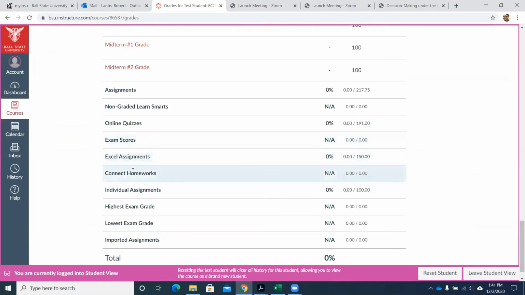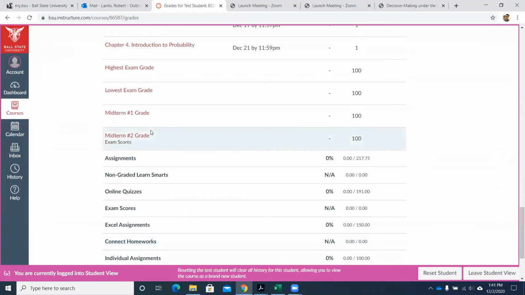We've got the Excel, Connect, individual assignments, and then here it's got your highest and lowest exam. So it already tells you your highest and lowest. It doesn't really matter. You could enter these in as exam 1 and 2, or you could go up and grab your actual exam 1 and 2 grade. Either way, as long as you're putting that into your figure out my grade tool in that exam 1 and exam 2 slot, then that calculator should work fine.